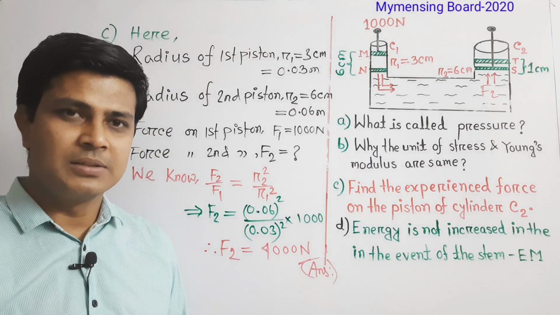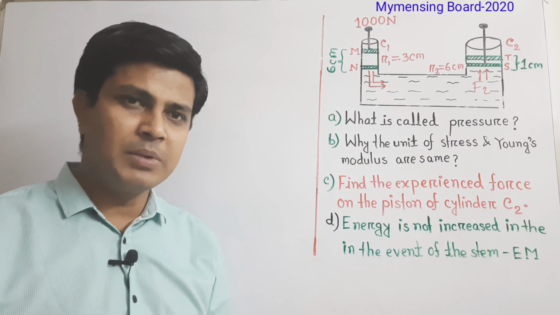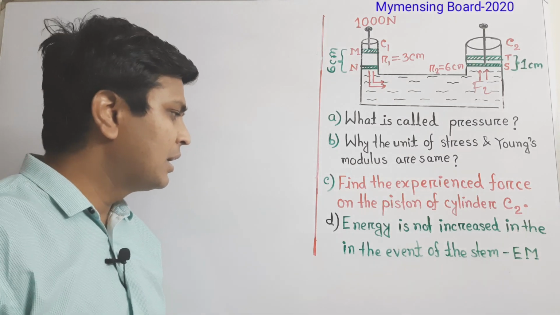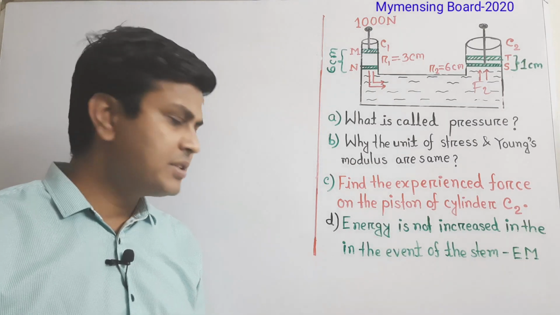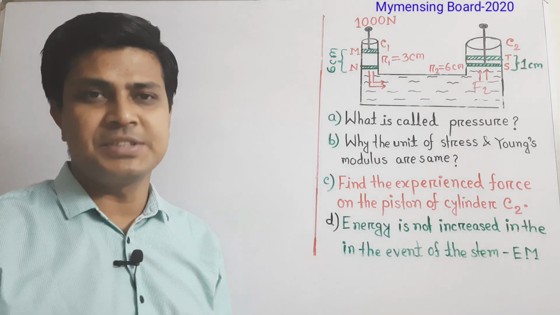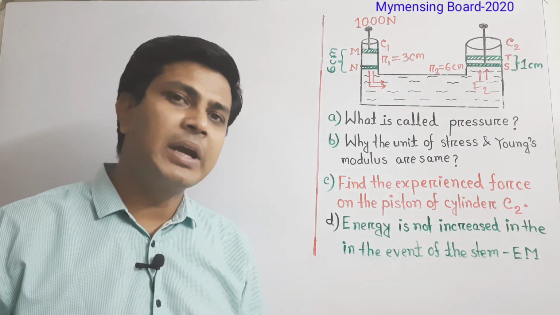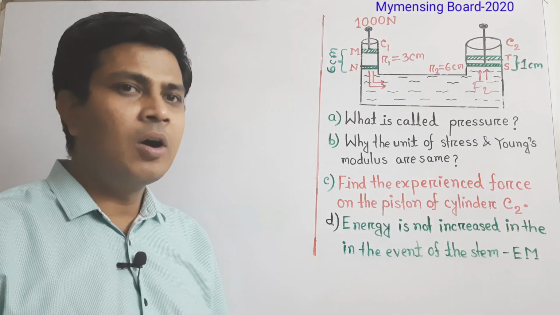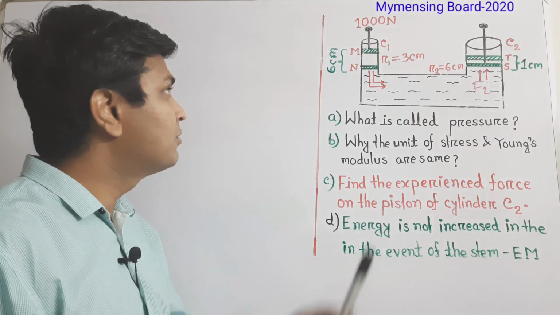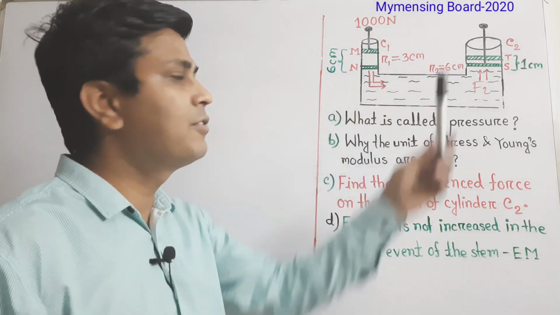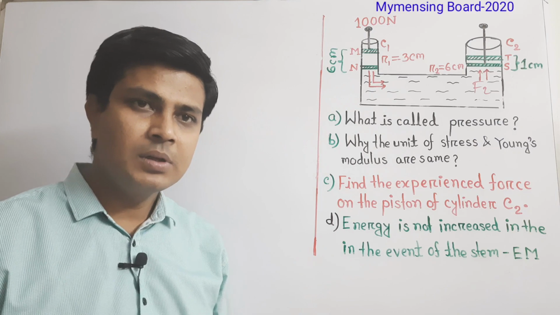Hope you have understood. Now question number D. The question is, energy is not increased in the event of the stem. That means we have to calculate the energy or work done for both pistons, for the first piston and for the second piston.